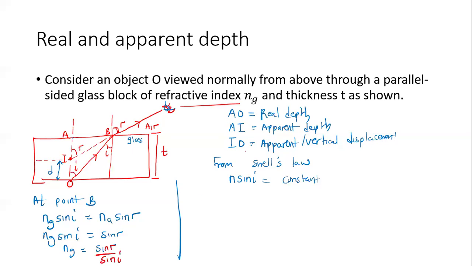I want you to check out this triangle AIB. So this is I, this is A, and this is B. You can note that this is r, and the distances are AB and BI.